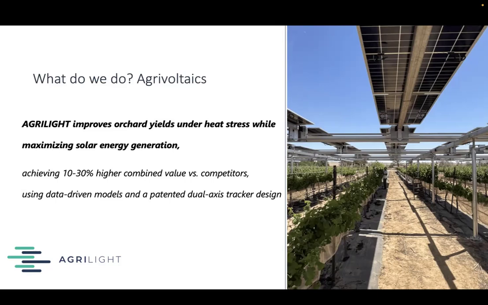So this combination of moving the panels from side to side above the tree lines and also the tilt movement to follow the sun allows us to control the shade placement based on sensors and real-time machine learning models. And this gives us the understanding of what the plant needs every minute, light or shade. And also we can generate more solar power on the same land.